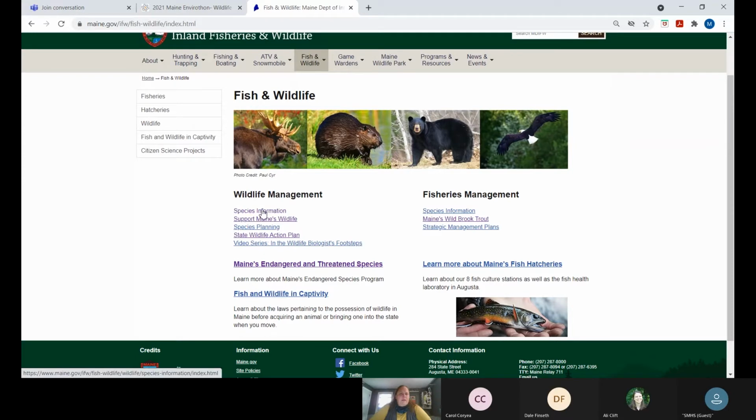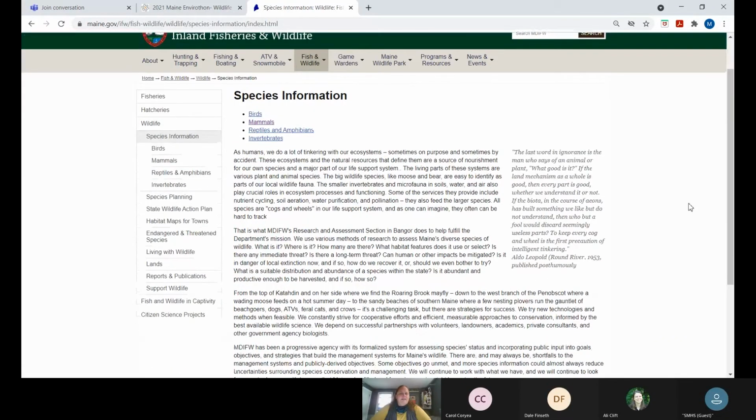And then from there, species information is the one I go to first, and you're going to get into a whole bunch of resources. This is where you're going to find information on species that are listed as endangered and threatened. You'll find some more habitat information in here. You can learn a little bit more about some of the game species, some of the management strategies and plans.